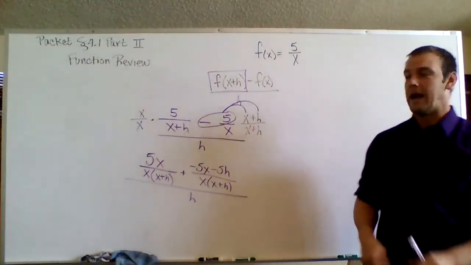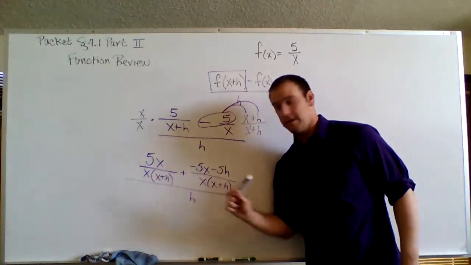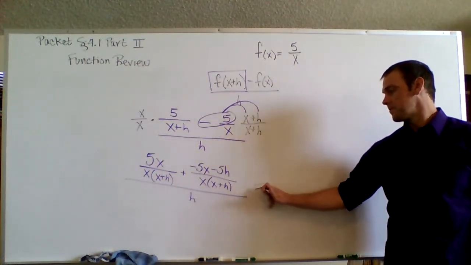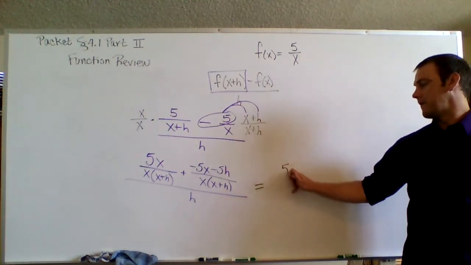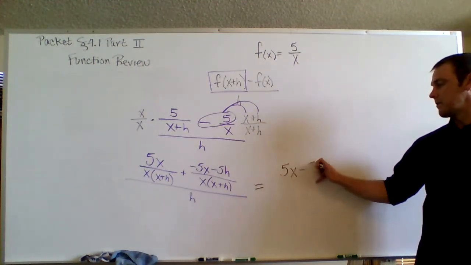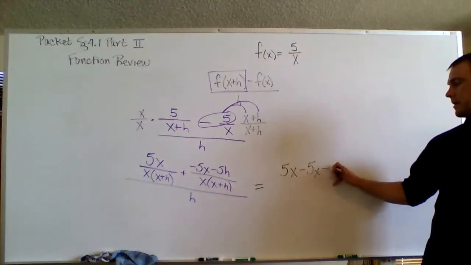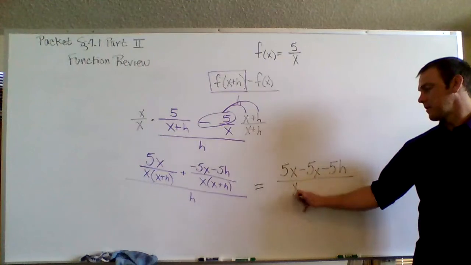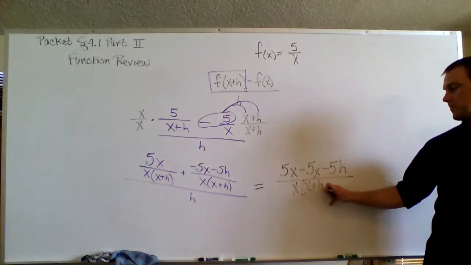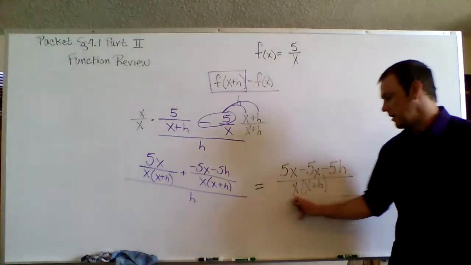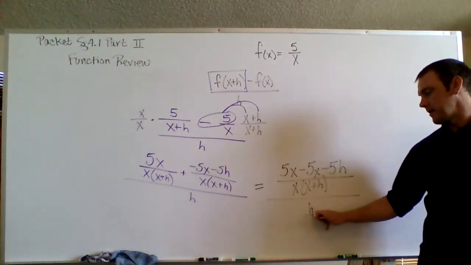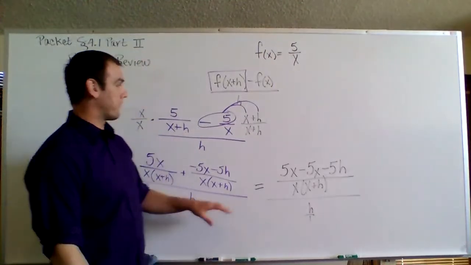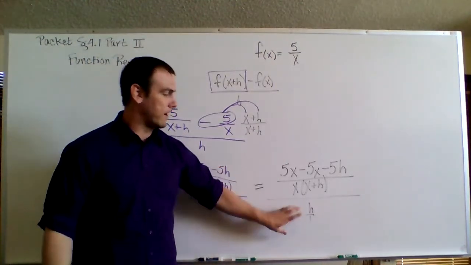Now on top I've got one denominator, so I can combine my fractions, where I've got 5x minus 5x minus 5h, all divided by x times x plus h, all over h. And I'm going to write that as h over 1. Because now I got to my goal where I get one fraction on top, one fraction on bottom.